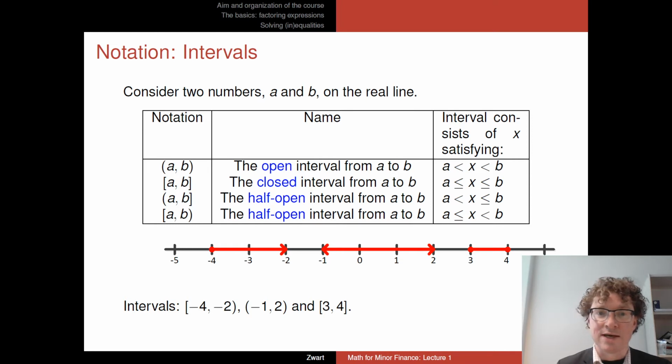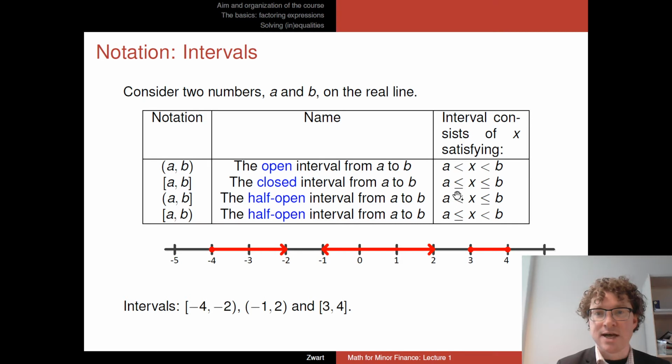That's what we call an open interval. So we see down there on the number line, if we want to denote all the numbers between -1 and 2, but excluding -1 and 2 themselves, any number between -1 and 2, but not the boundaries themselves.